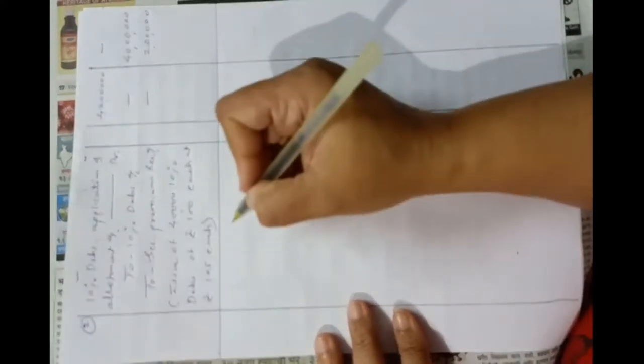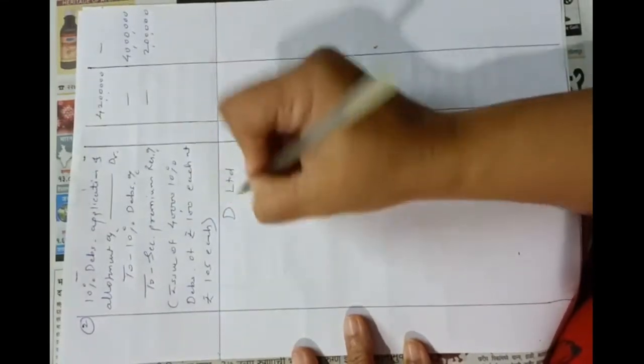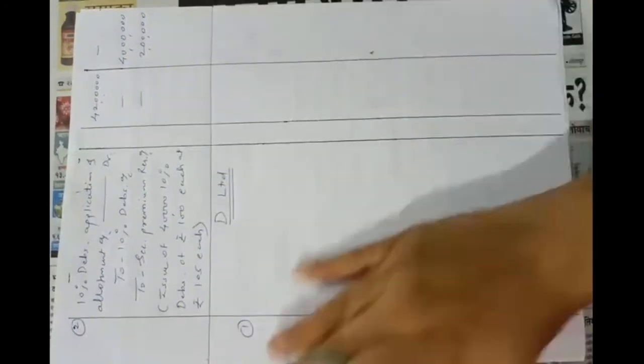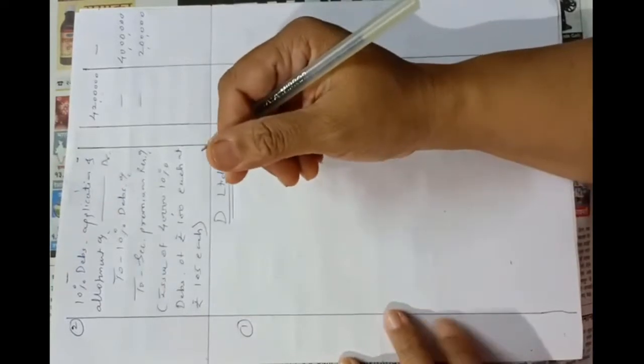So in the journal of D Limited, okay, first entry. See the condition. D Limited issues rupees 50 lakhs 12% debentures of rupees 100 each at par.